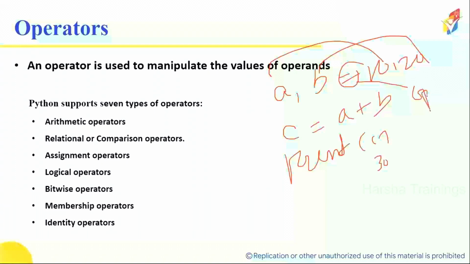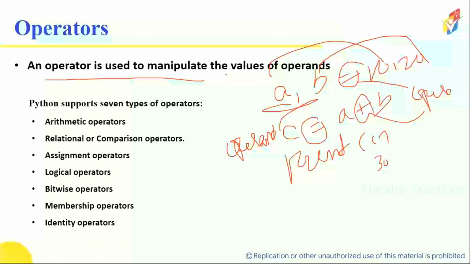Now, equal to is an operator. Plus is an operator. And A, B, C are called operands. Now, an operator is used to manipulate the value of operands. Will you agree? Here we use the equal to operator.